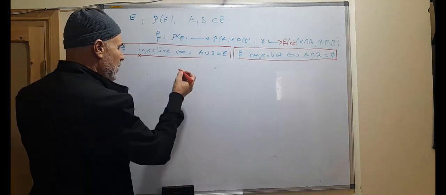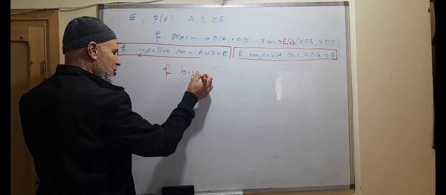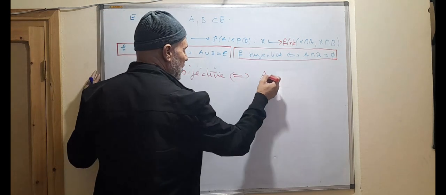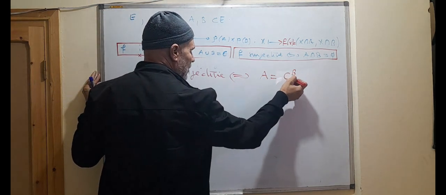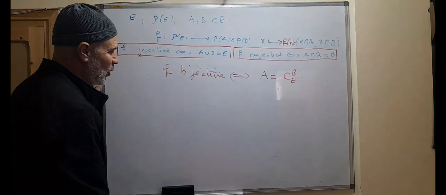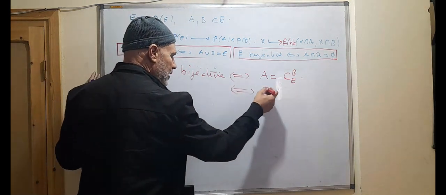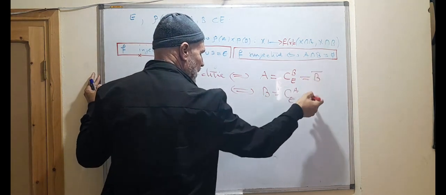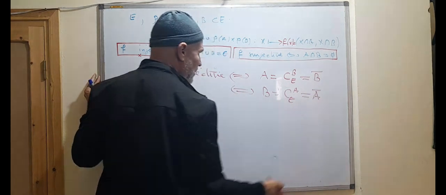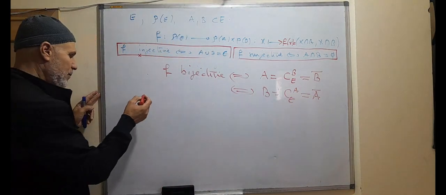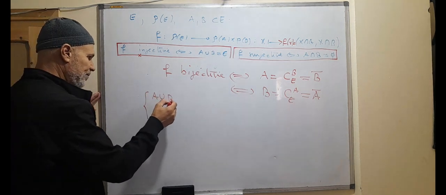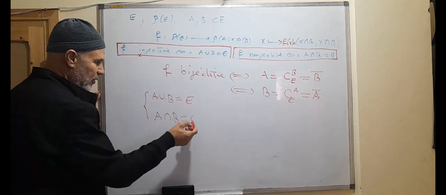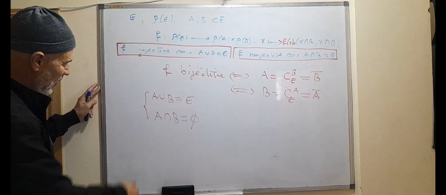So F bijective is equivalent to A equal to the complementary of B in E, or equivalently B the complementary of A. We denote it by the closure. Why? Because we have A union B equal to E, and A intersection B equal to the empty set. These two conditions.